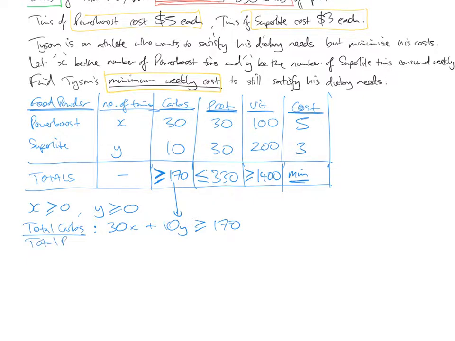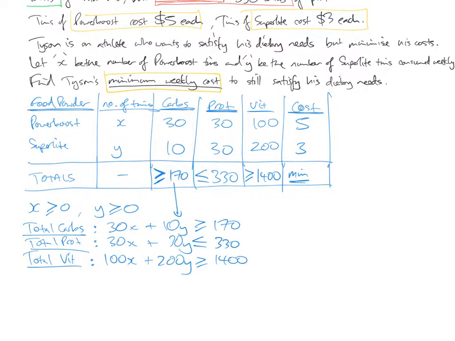Total protein, 30x plus 30y is less than or equal to 330, since they're only allowed up to 330. Total vitamins is 100x plus 200y greater than or equal to 1400. So there's our constraints.